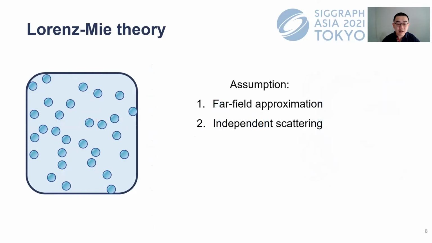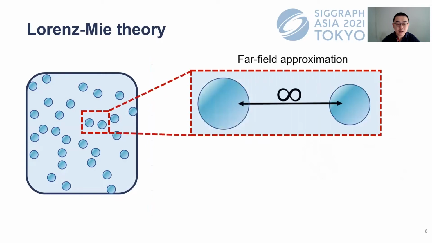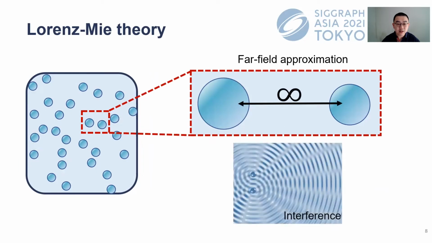However, the Lorenz-Mie theory relies on the assumption of the far-field approximation and independent scattering. For any two particles, the distance between them is infinitely large. Considering the light as a wave, this far-field approximation neglects significant near-field interaction between particles.